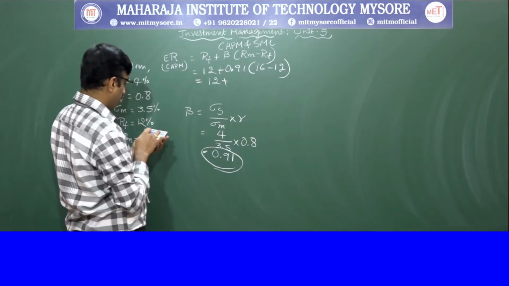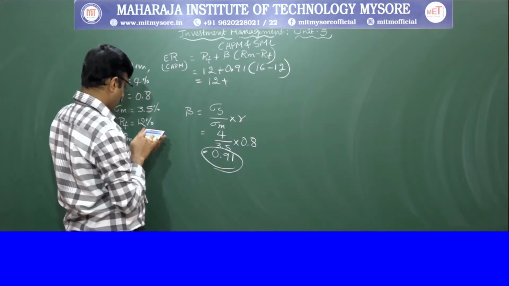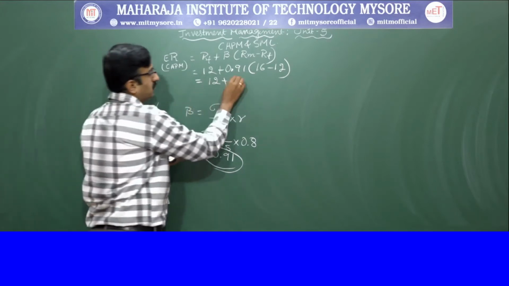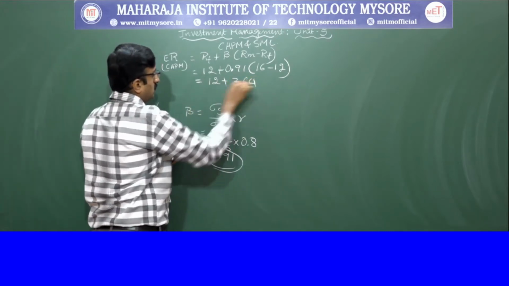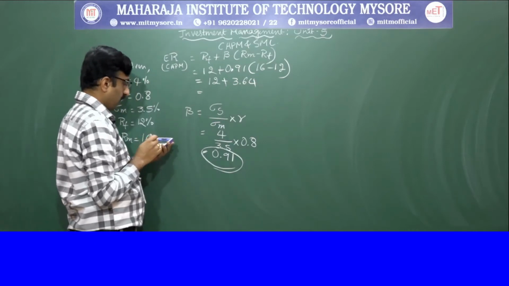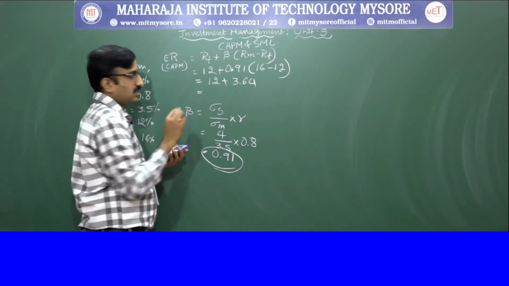Four into 0.91, so we will get 3.64. 3.64 plus 12, you will get 15.64%.